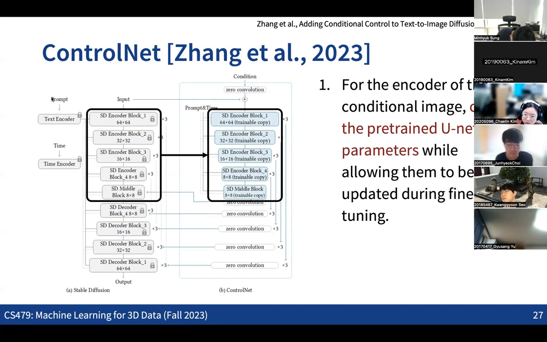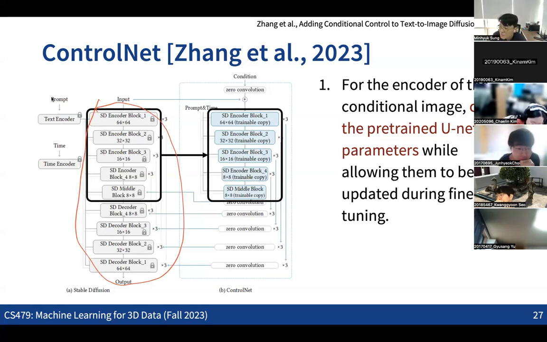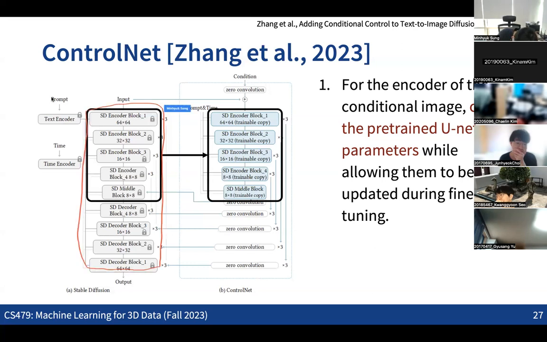So the left-hand side here is the noise prediction network, right? Then what's the input of this in terms of the math notation? I mean, when this is the noise prediction network, what should be this input?